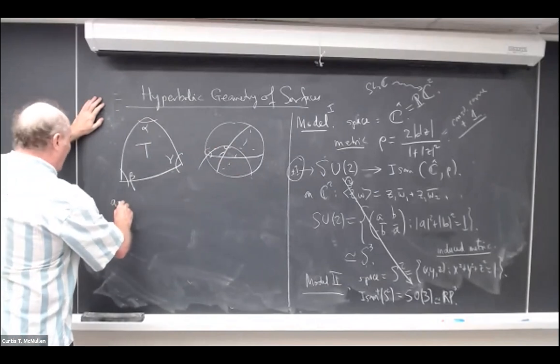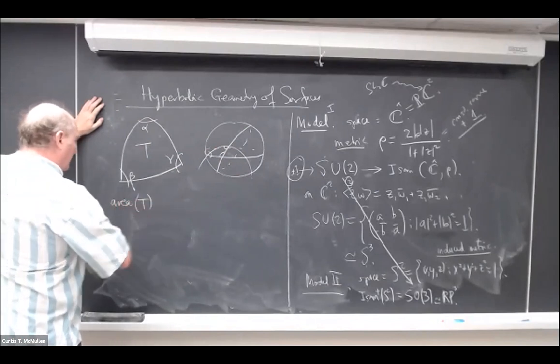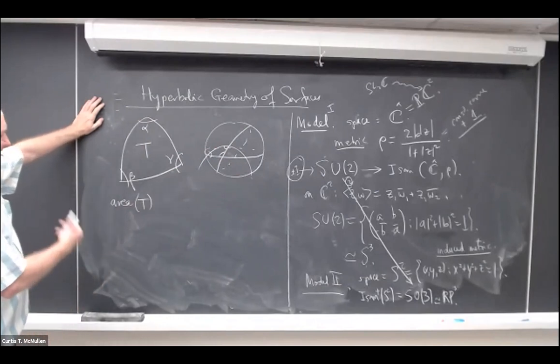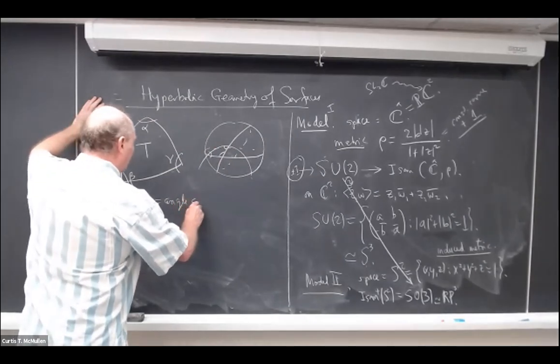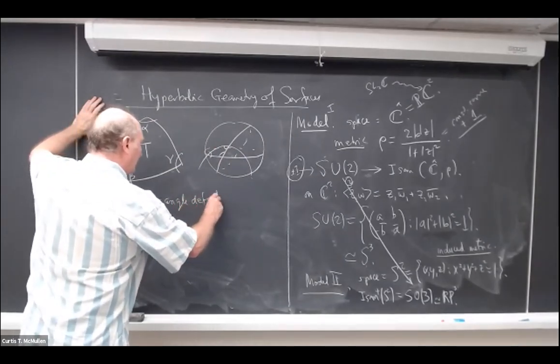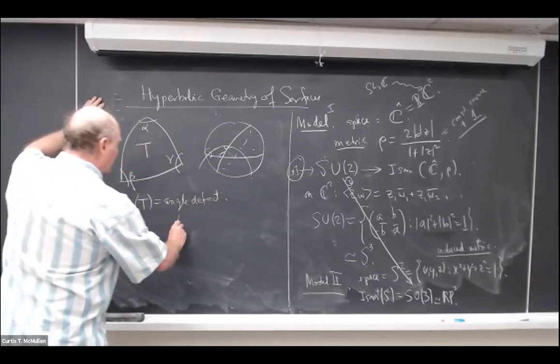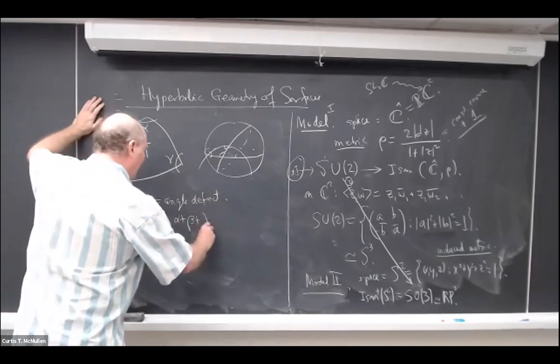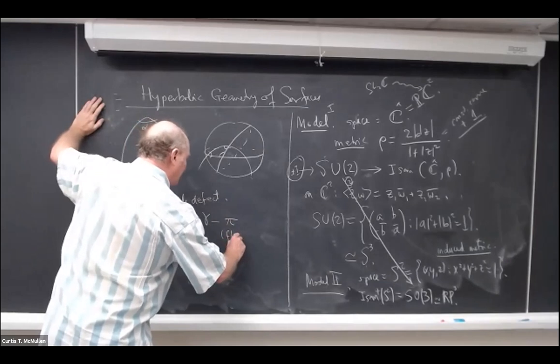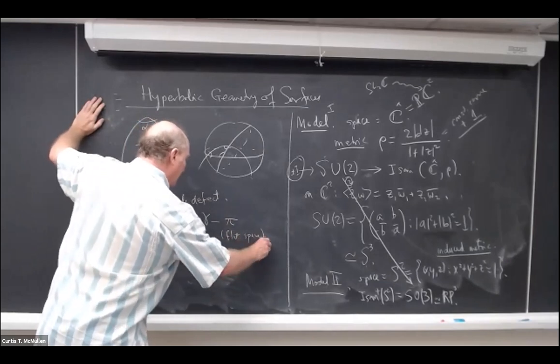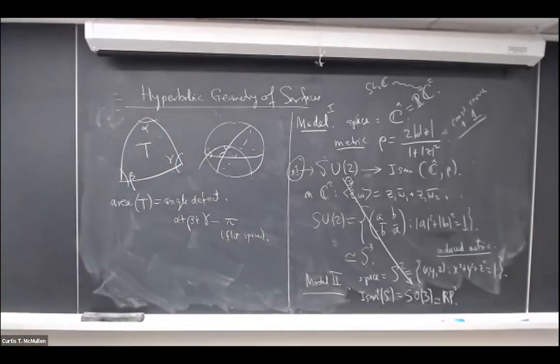And the beautiful fact, which I'll indicate the proof of, is that the area of T is equal to what's called the angle defect. So you add up what the angles are, and then you subtract off what they should be in flat space, in Euclidean space. And the end result is the area.